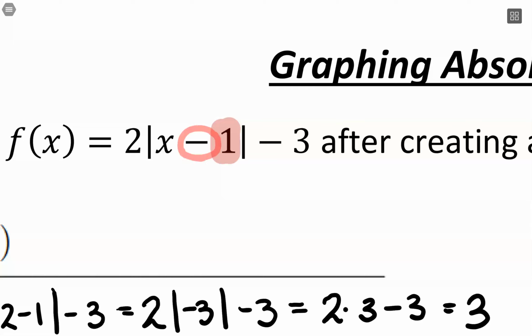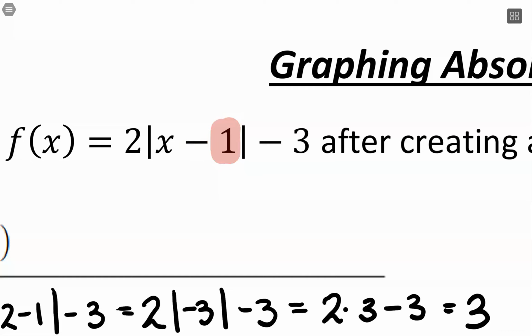Something to notice is that we expect subtraction there. So when it's subtraction, the x coordinate is positive. If we had addition right here, it's like we would have minus -1, so then our x coordinate would be negative. So punchline to that is subtraction means positive x coordinate, addition means negative x coordinate.